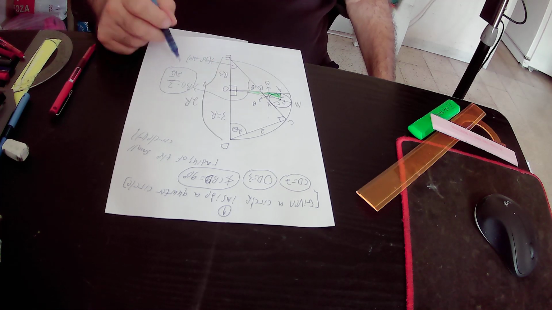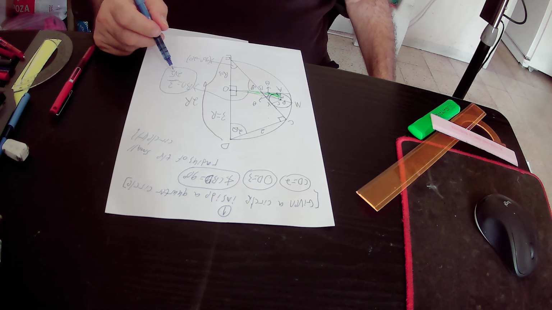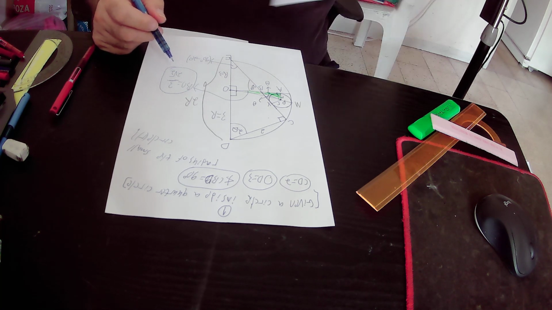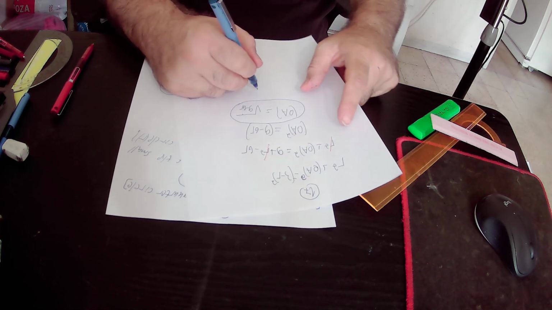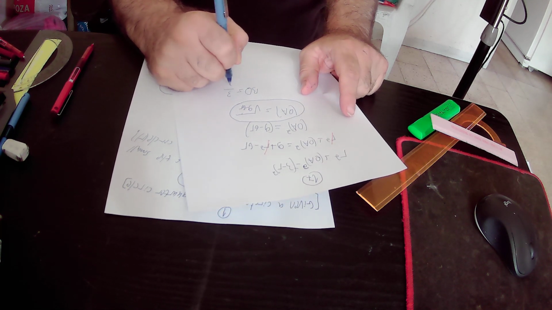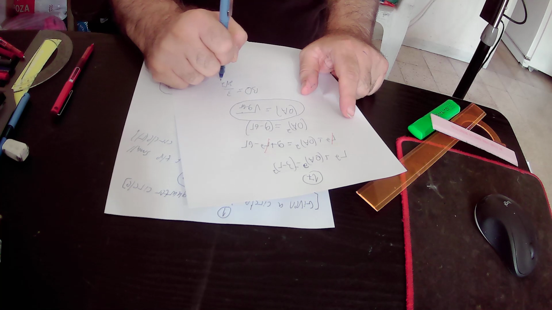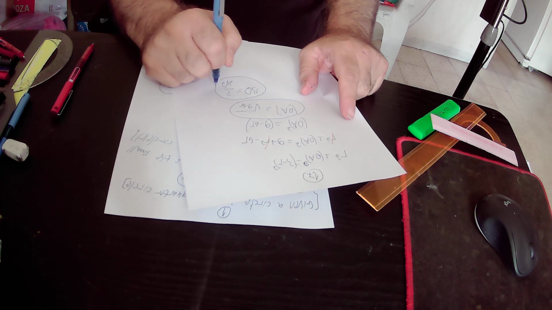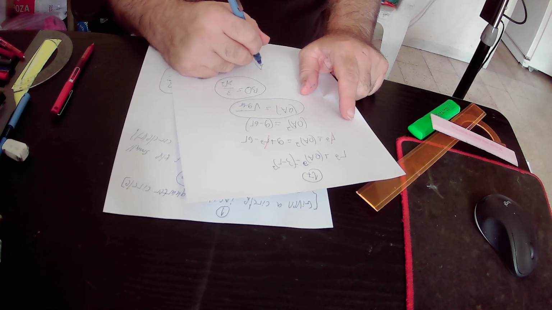And we have already found out that BO equals 3 over 2 times root 2. And what is the value of AB?